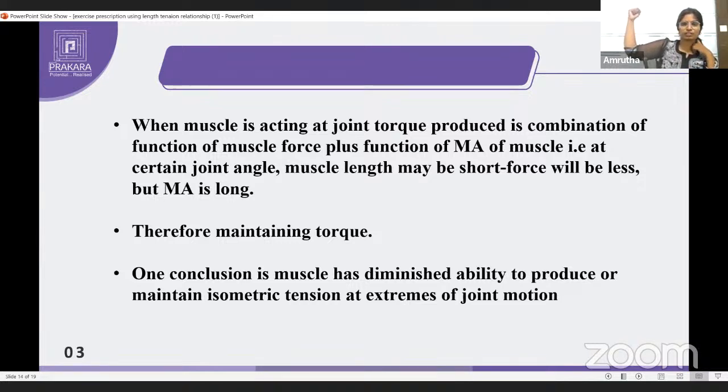But generally, whoever takes the weight and stays in this particular length, not at the extremes of the joint, you will see too much activity developing in the muscle rather than here and here. Why? Because it is difficult at the extremes of the joint, because torque production is zero there. Hence, the ability to maintain the tension is also zero.